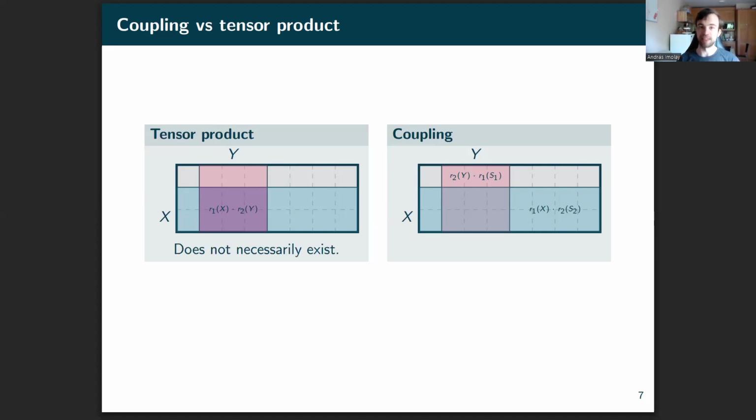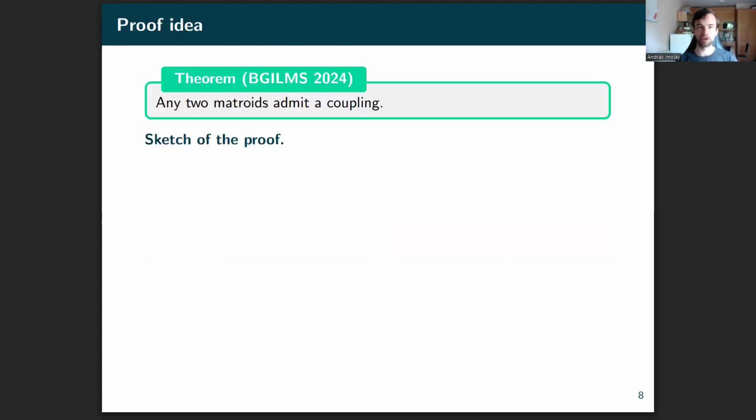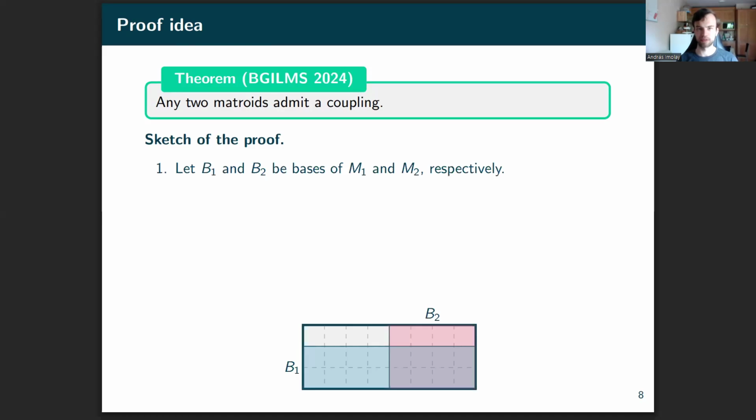And we have already seen that tensor product does not always exist. So it is a natural question whether coupling always exists. And our main result is that we prove that any two matroids admit a matroid coupling. That is, if we take the rank functions of two matroids, then there is a rank function that is a coupling of them. So quickly, let's go through the main ideas of the proof.